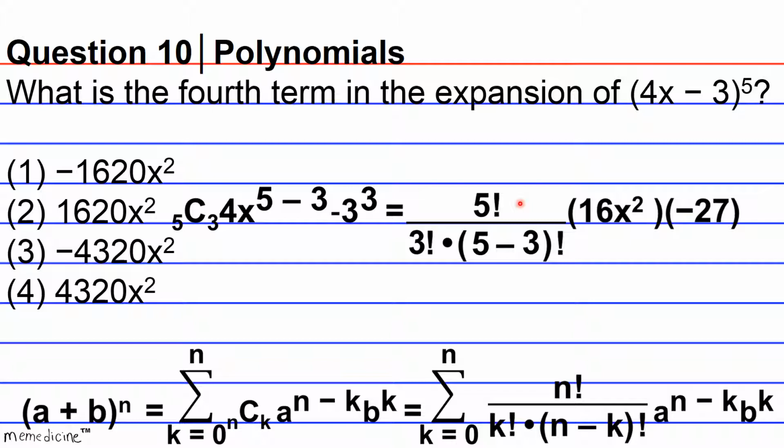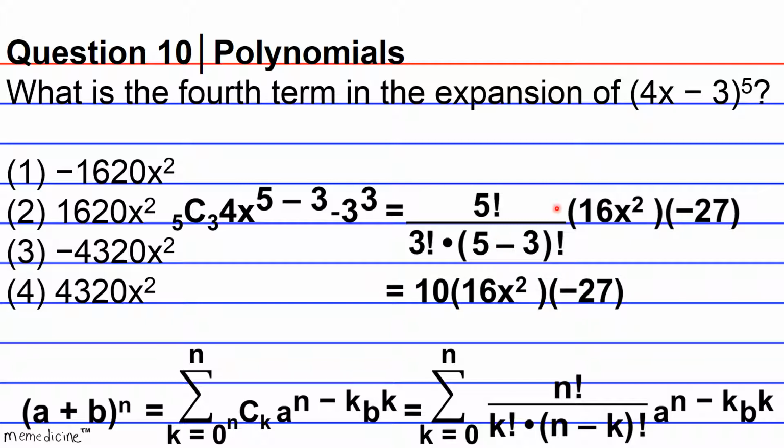So you're left with 5 times 4, because 3 times 2 times 1 in the numerator cancels with 3 times 2 times 1 in the denominator. Then you're left with 5 times 4 divided by 2 factorial. 2 factorial is 2 times 1. 5 times 4 in the numerator is 20, and 20 divided by 2 is 10.